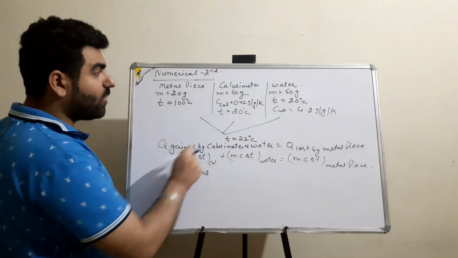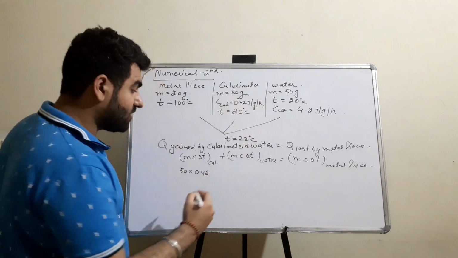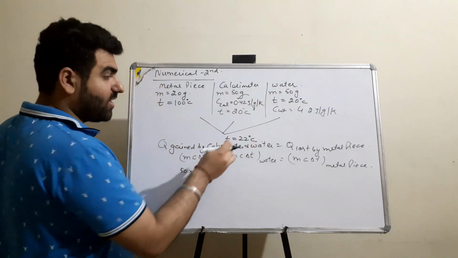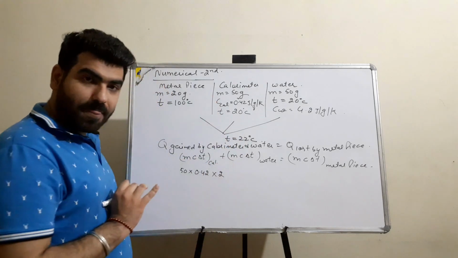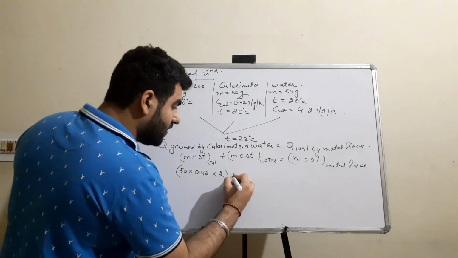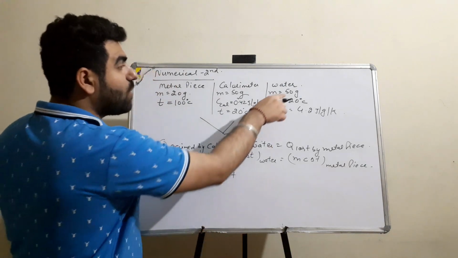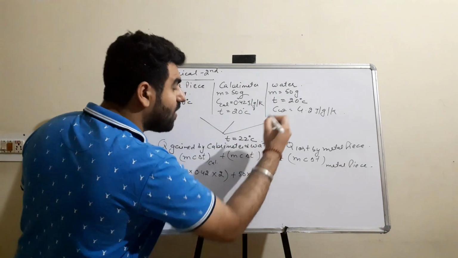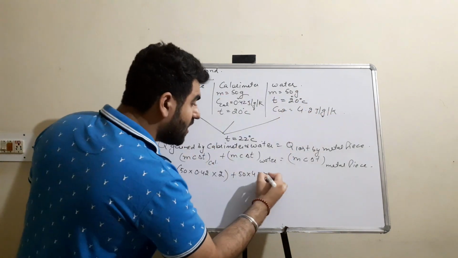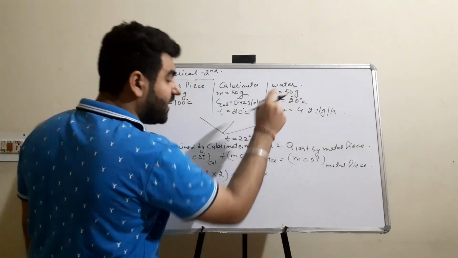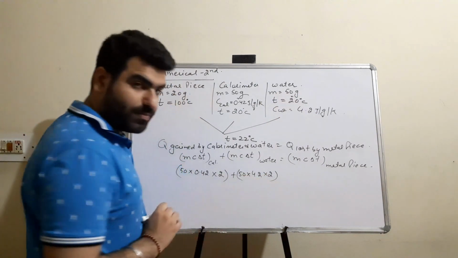So there is no need for conversion, this is in grams, this is also in grams. What is the change in temperature? That is high temperature minus low, 2 degrees Celsius. So this is 1 for the calorimeter. Plus the mass of water is 50, C of water is 4.2. Again, this is in grams. What is the change in temperature? 22 minus 20, again 2.